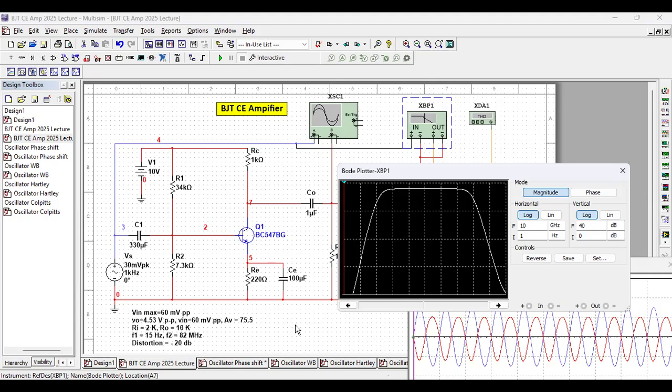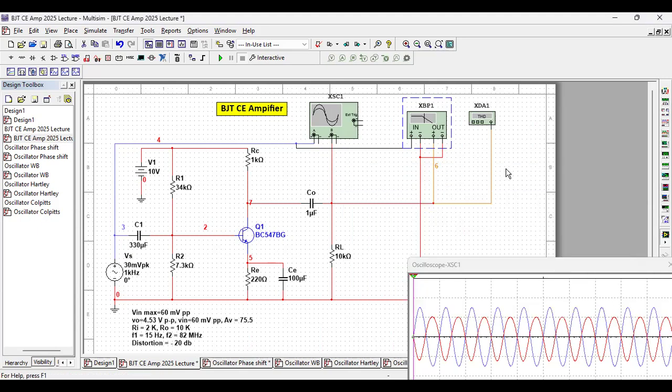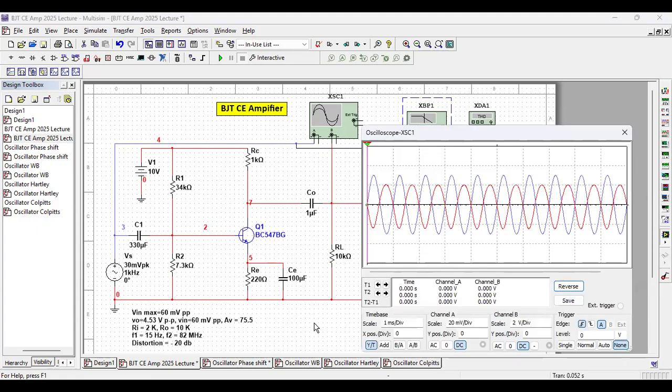Then I said the gain is a complex number, right? How? See, here the frequency is 1 kilohertz, right?